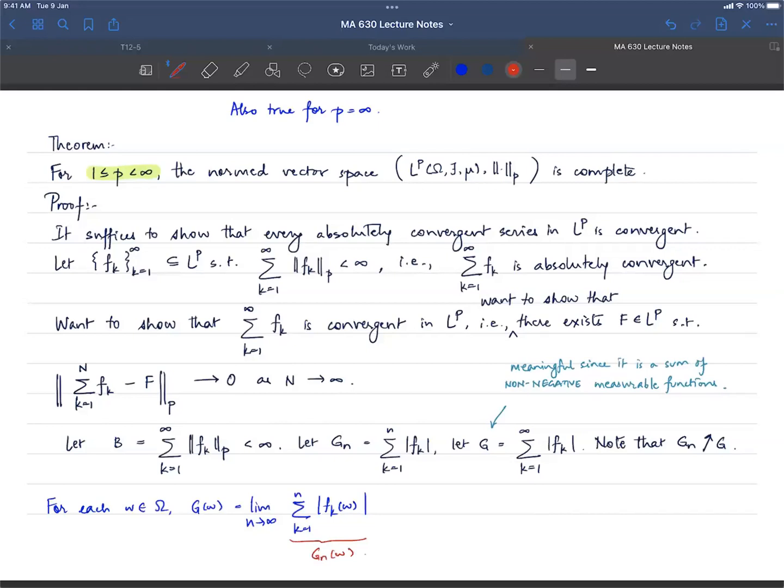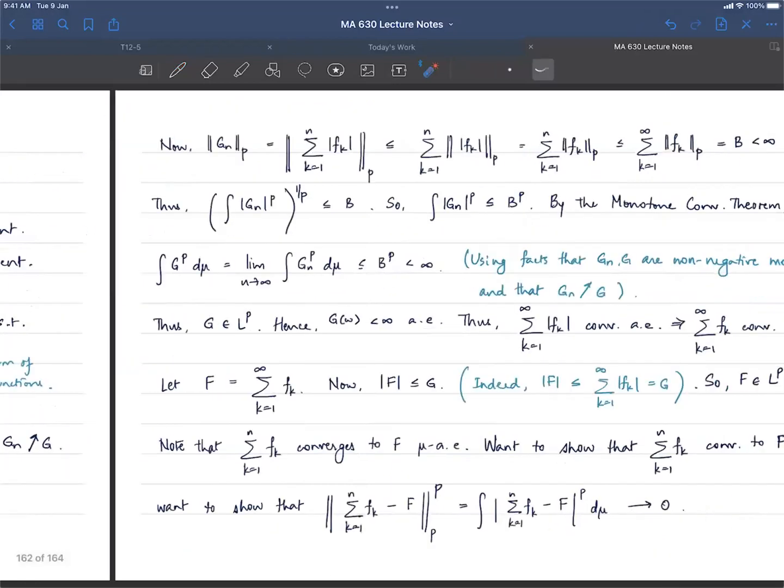So for each omega, G of omega is the limit of G_n of omega. And why is the increasing part there? I have a non-negative series. The more terms I add, the series can only get bigger. It cannot get smaller.